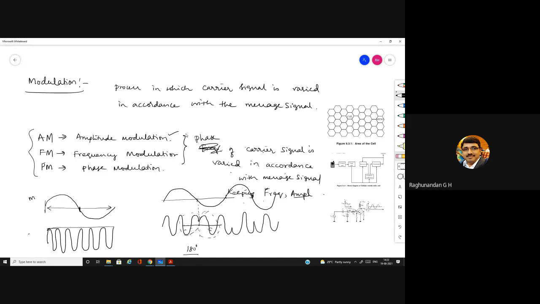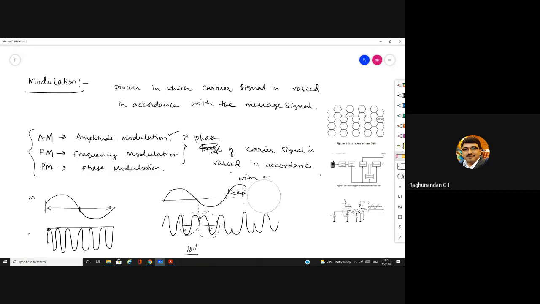So here we are changing the phase of the signal. Phase means angle of the signal. So changing the phase of the carrier in accordance with a message signal, keeping frequency and amplitude constant, is known as phase modulation. In phase modulation, we are not going to change the frequency, we are not going to change the amplitude of the carrier. We just change the angle. So wherever it is shifting from positive to negative or negative to positive, the phase will shift. This kind of modulation is known as phase modulation.